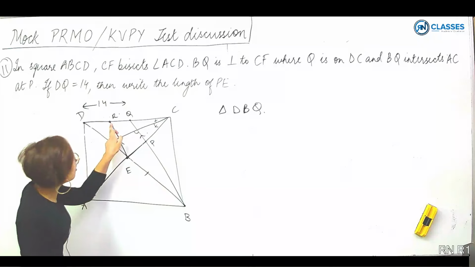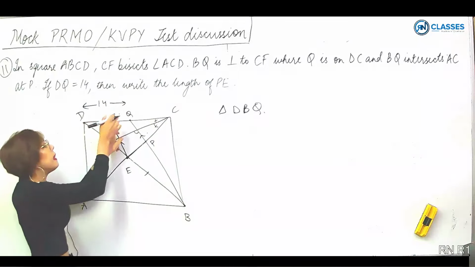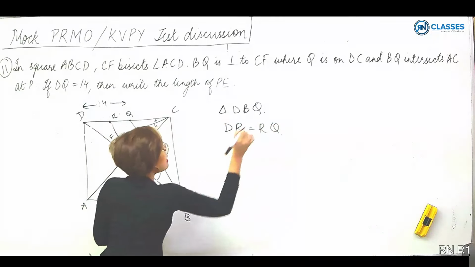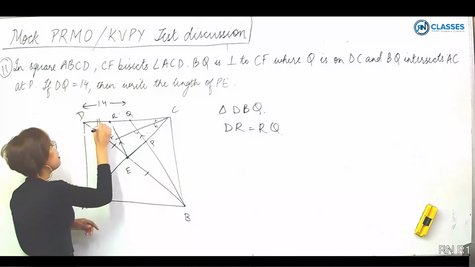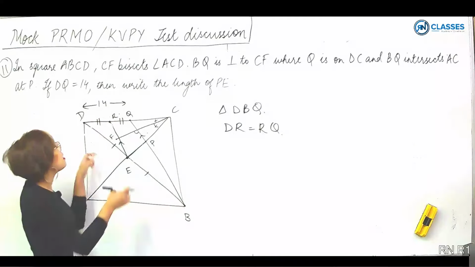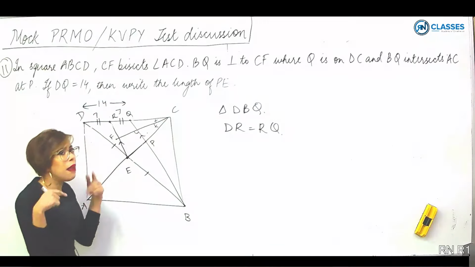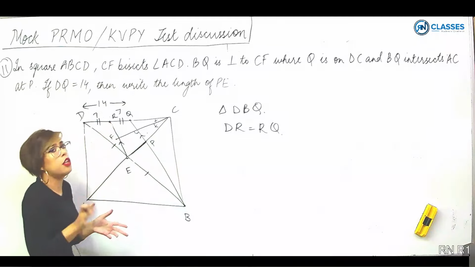That means R should bisect the third side, which is DQ. R should bisect, that means DR is equal to RQ. This I can say by the converse of the midpoint theorem. So this length is equal to this length. The entire is 14, this is 7, obviously this is 7. But I am interested in the length PE. I do not care about RQ.